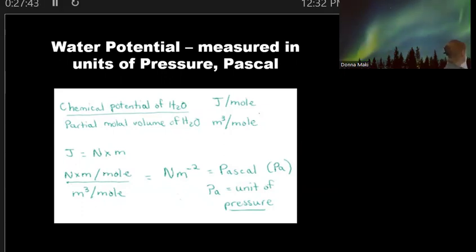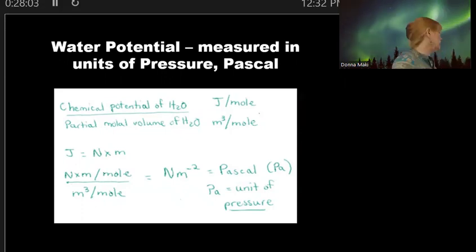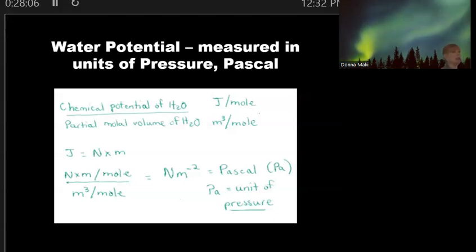If you understand that a joule can also be expressed as a Newton times a meter, you can just plug that in, replacing the J with Newton times meter, divided by mole, and then meters cubed per mole, and do the cancellations. You end up with Newton per meter squared. Newton per meter squared is equal to the unit called a Pascal, which is a unit of pressure.